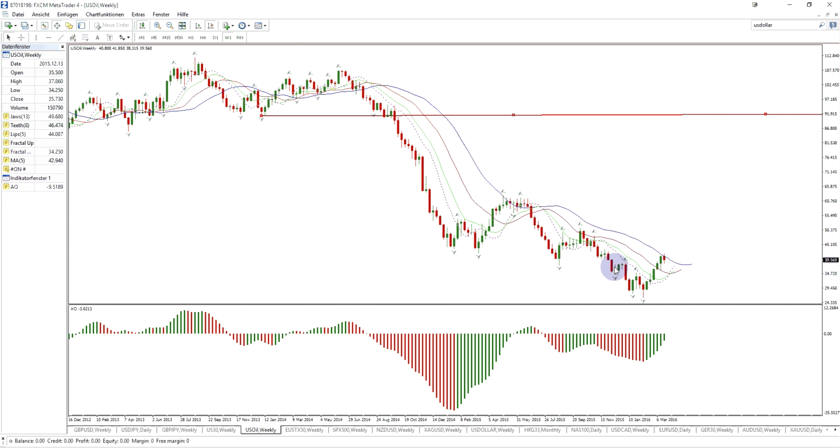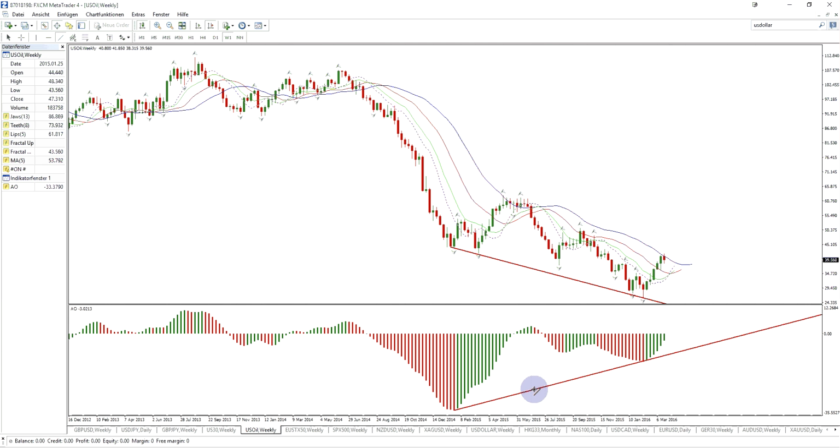Another one right here for continuation, represented by this little move. Now as this happens, you can already see that you do get some divergences. The price is continuing down, while the momentum oscillator, showing you how much steam this thing really has to move on down further, is not reaching new highs down here, pretty much telling us there's no more pressure and price needs to correct.